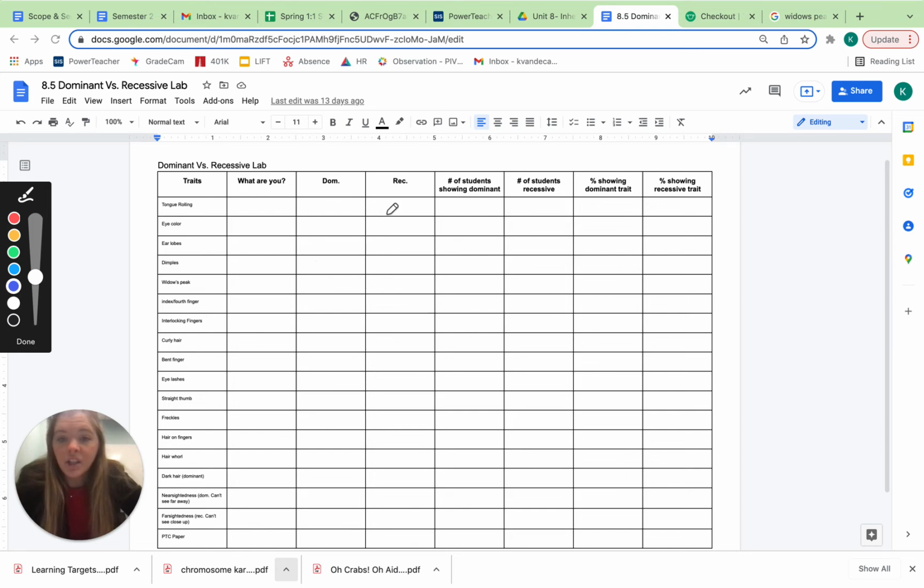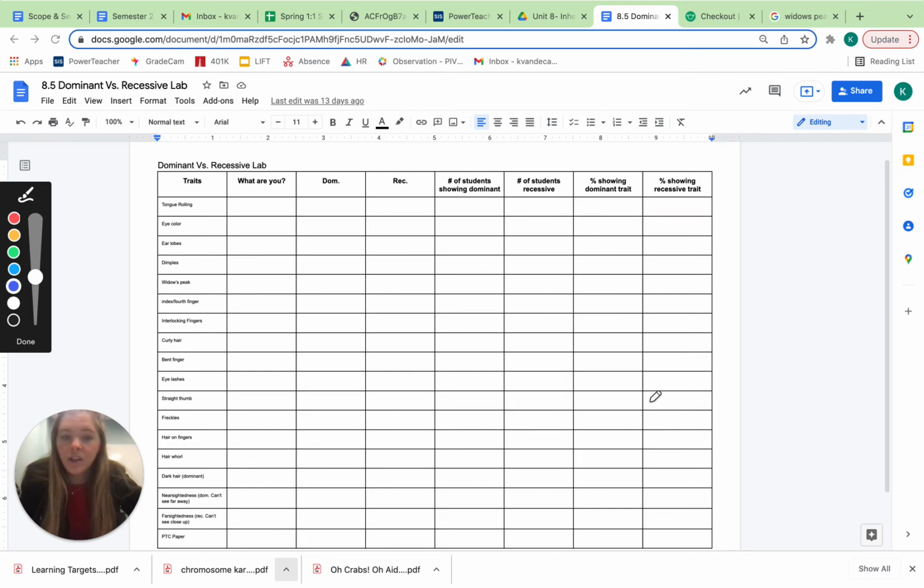After the entire class has added their tally marks to the front board, I'd like one student to go up and count the number of students for each. And then make sure you total the number of students, make sure your numbers are all correct going down, and then you're going to be calculating the percent of each showing the traits.